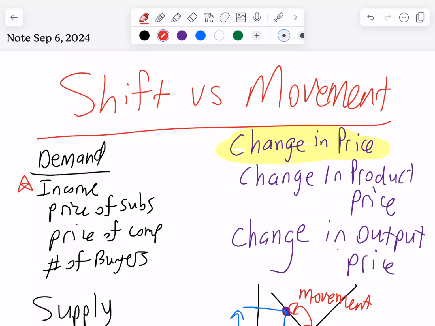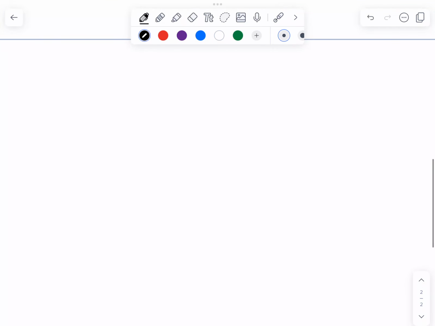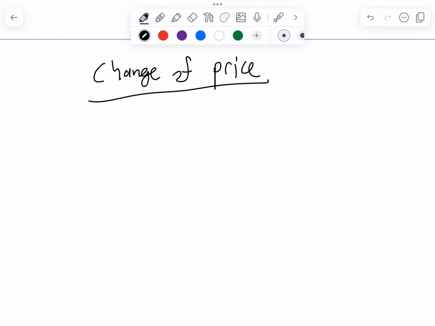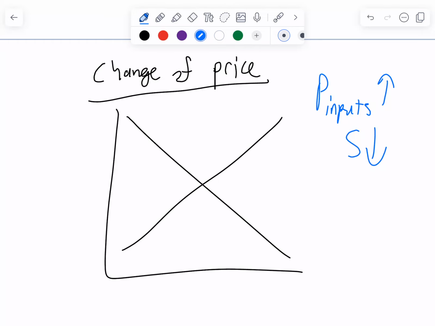Going off of that as well, when you are having a change in price, that's usually because of some factor, right? So let's look at this. So let's see, change of price. Okay. So if we had a demand and supply curve, if let's say the price of inputs goes up, so when that happens, supply should be decreasing.